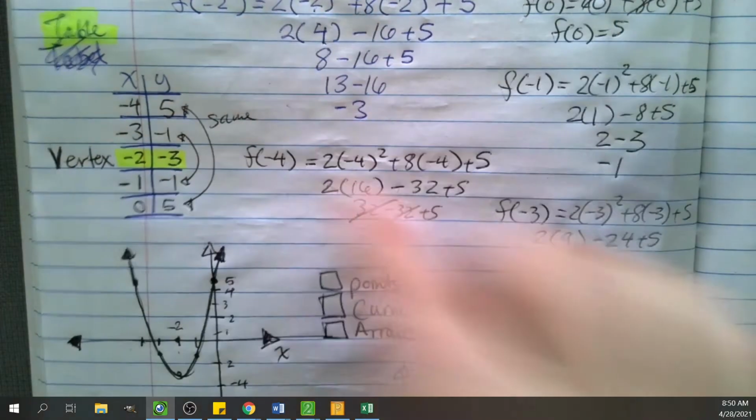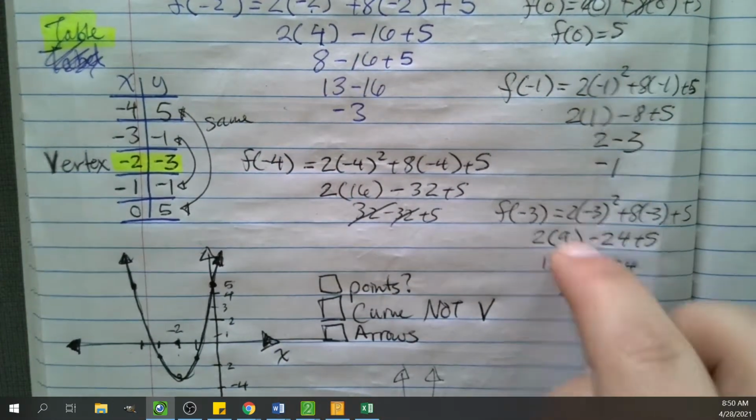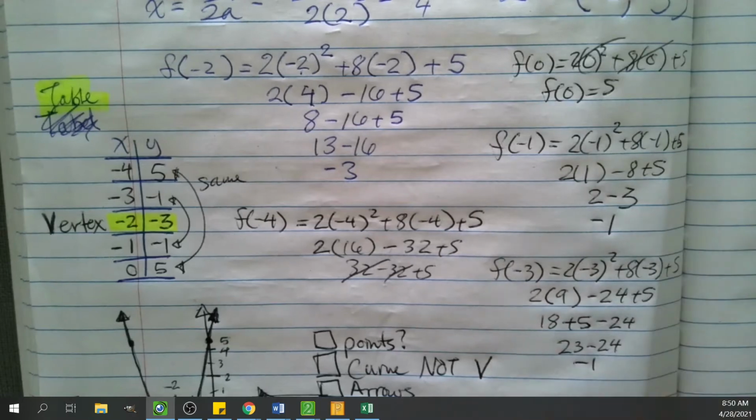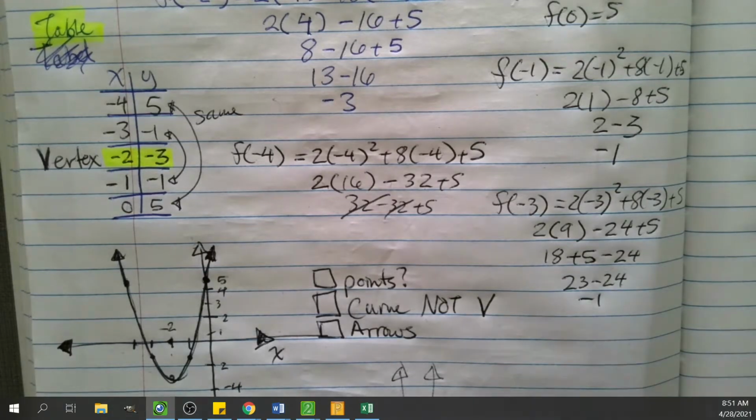All of this work where you're showing me how to plug it in, I think that I made it 10 points. This is like 5 points. And finding the vertex is, I can't remember. I honestly can't remember. I just remember each question is like 25 points because it's a lot of steps. Follow me? Okay. That is it on the graphing.